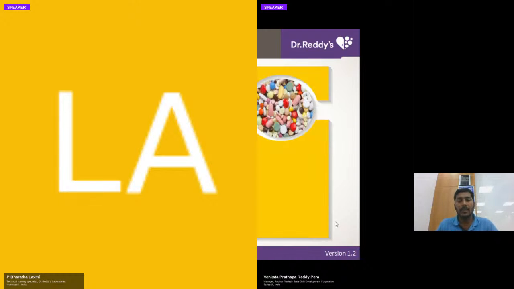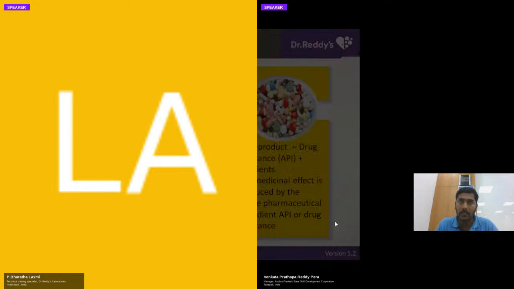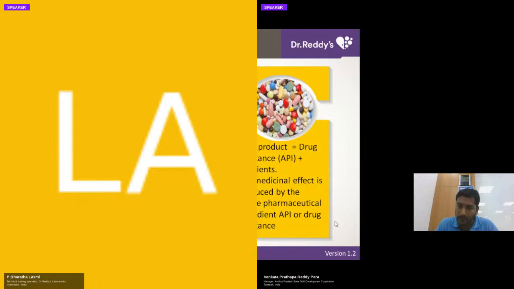Basically, what do we do in API manufacturing and what do we do in formulation? In API manufacturing, we take raw materials, solvents, reagents and catalysts from vendors, or sometimes they are prepared in-house. We manufacture the active pharmaceutical ingredient, which is basically a powder. Its purpose is the mitigation of diseases in humans and animals.